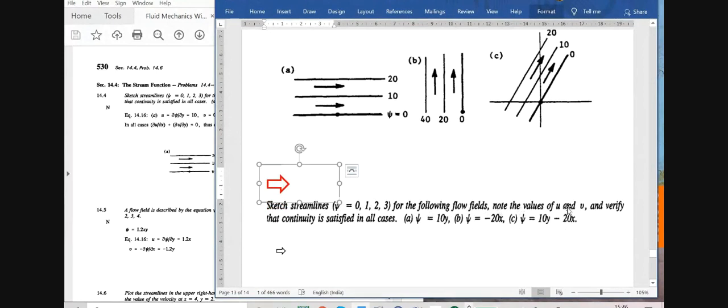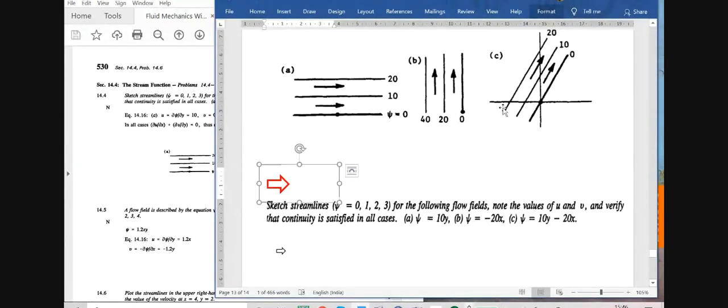Note the values of u and v and verify the continuity is satisfied in all cases. The cases are A, psi equal to 10y, B, psi equal to minus 20x, C, psi equal to 10y minus 20x.